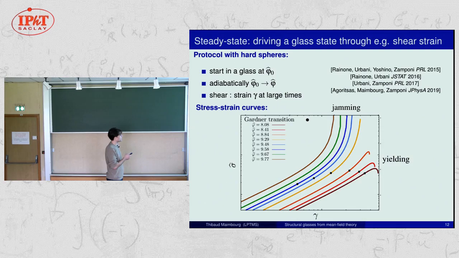So you would start first in a glassy state at some density phi naught, so above the dynamical transition, so you are trapped in this state. Then you would compress the system at the target density phi. And once you've done that, you shear your system, and you call the final strain gamma at large times.